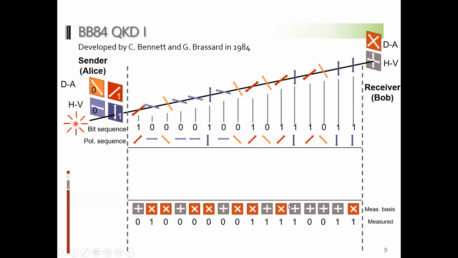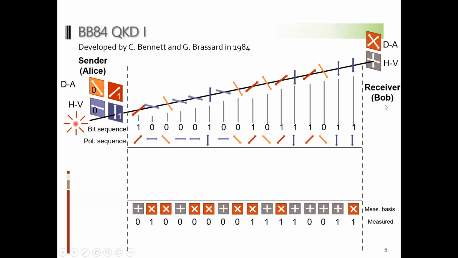And then once the transmission of the photon is finished, Alice actually tells Bob what kind of basis she used for each of the photons. So for the first one, HV, then TA, HV, and so forth.